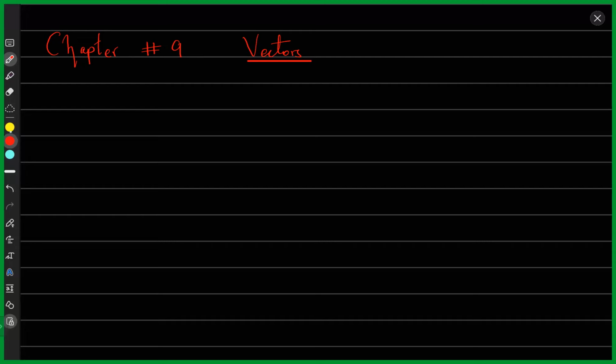So now we know that for vectors, we have both the magnitude and direction. Both the things are important. We have both the magnitude and direction in case of a vector.